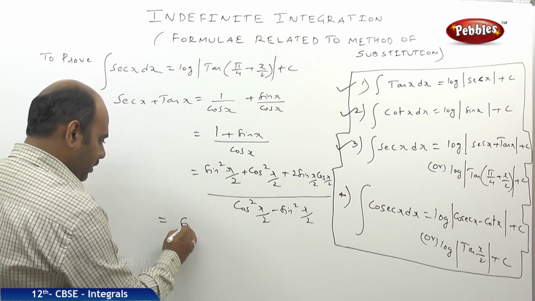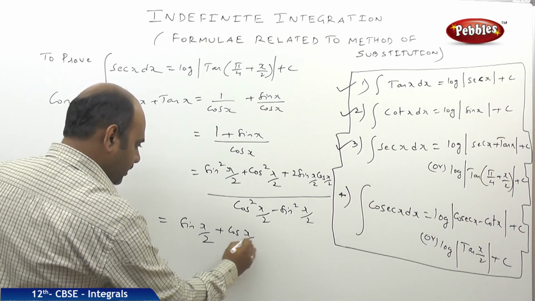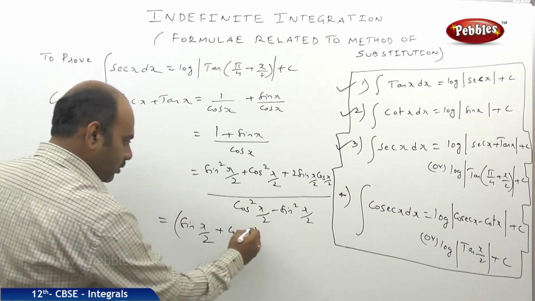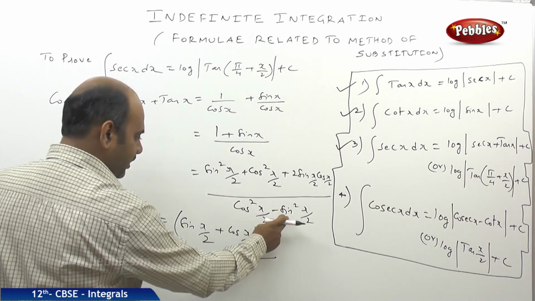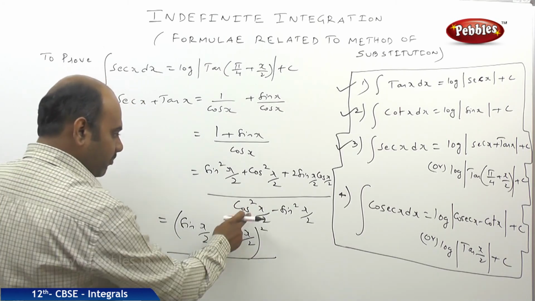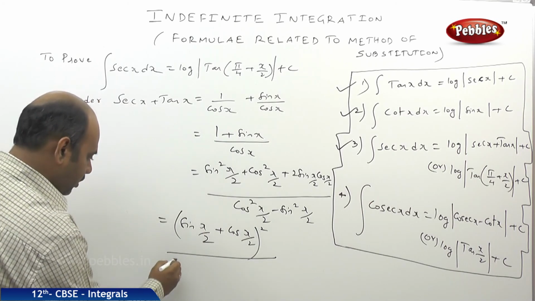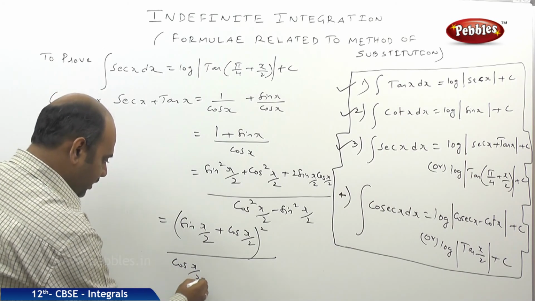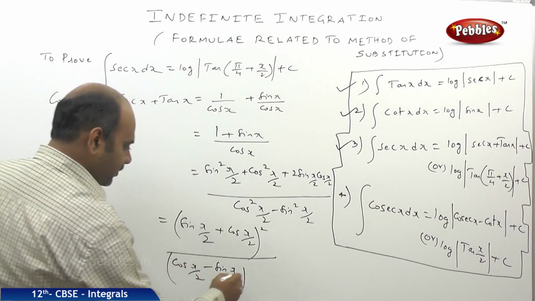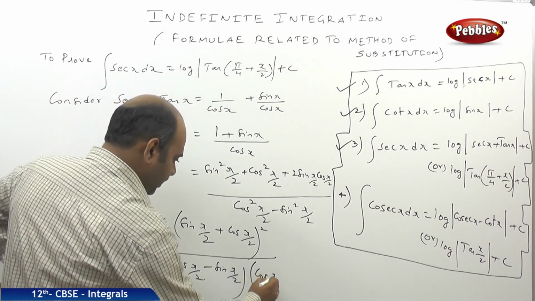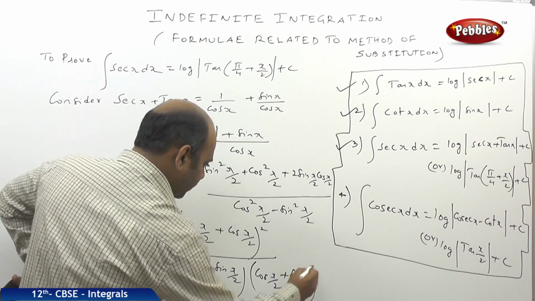A plus b whole square I will write as sin x by 2 plus cos x by 2 whole square, divided by, and here this is like a square minus b square, which I can write as a minus b into a plus b. So cos x by 2 minus sin x by 2 into cos x by 2 plus sin x by 2.